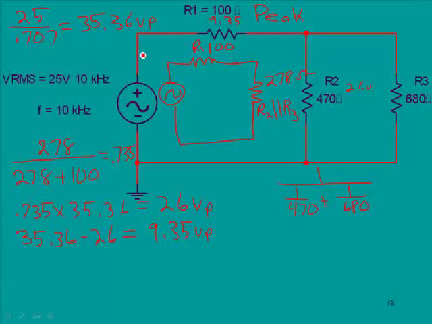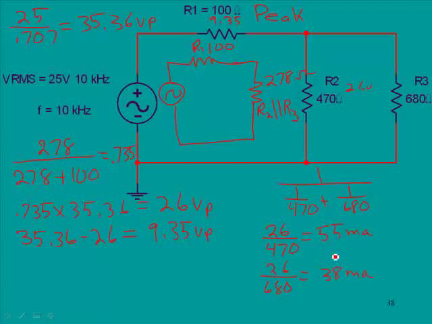But we do need to know the individual current drops, so let's use Ohm's law again: 26 volts across 470, and that's going to yield 55 milliamps. And then the same thing, 26 volts across 680 ohms, and that is going to yield about 38 milliamps.